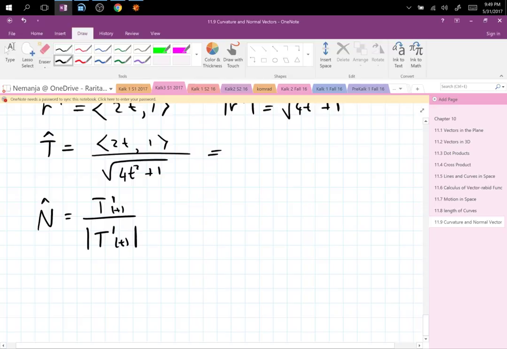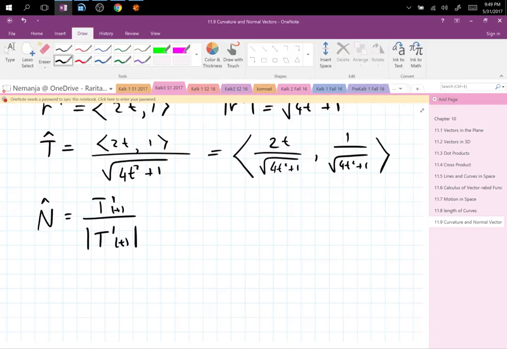So now I'm going to write it as 2t over the square root of 4t squared plus 1, comma, 1 over the square root of 4t squared plus 1. So this is our unit vector T. And now we take the derivative.